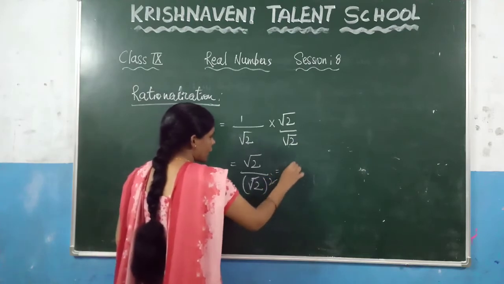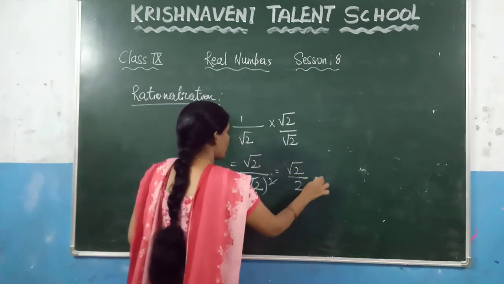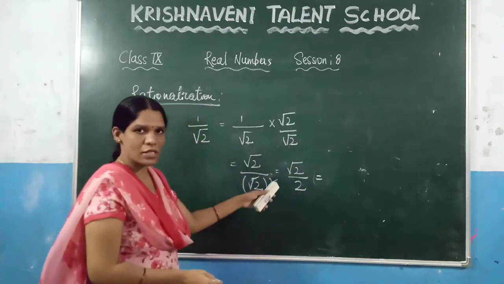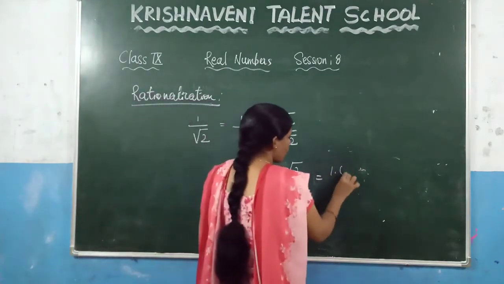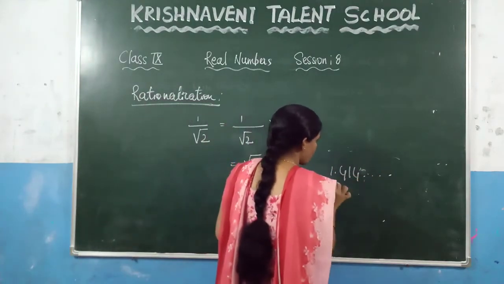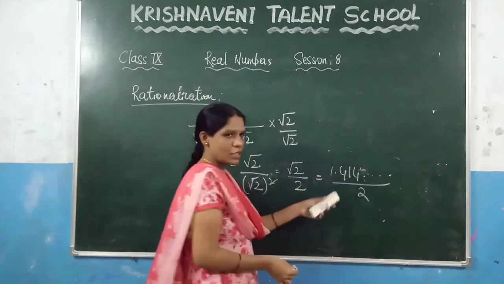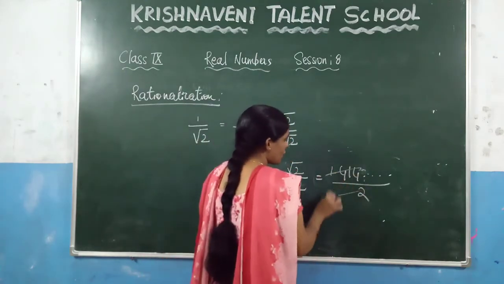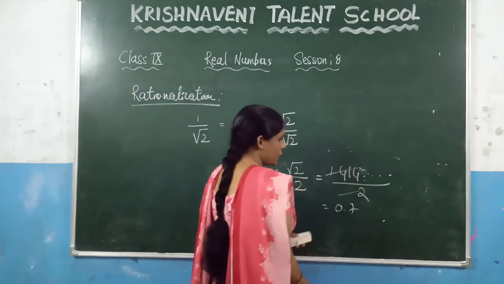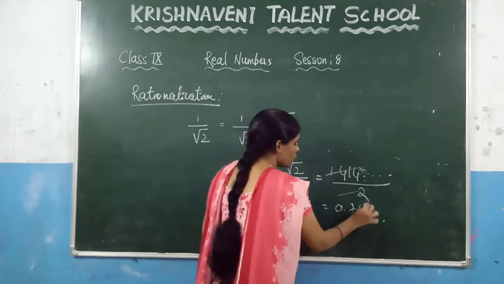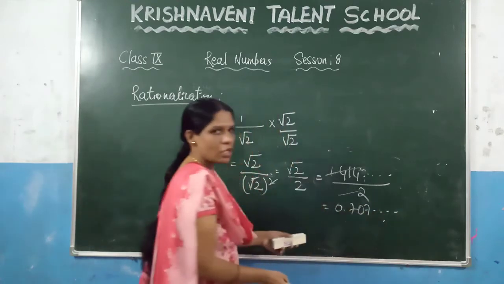This one will get cancelled and you will get root 2 by 2. Now we can divide it. The value of root 2 is 1.414 and so on, divided by 2. Now you can do it here. How much do you get? 2 7s are 14 and here 0, 2 7s are 14. Now you got the answer.